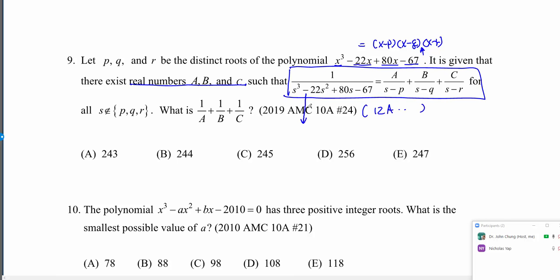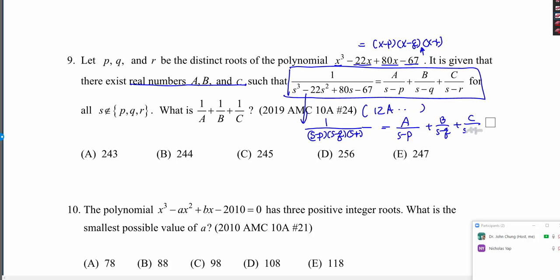Also, this is the same formula: s minus p, s minus q, s minus r. This is factored already. This is a partial fraction: A over s minus p plus B over s minus q plus C over s minus r.